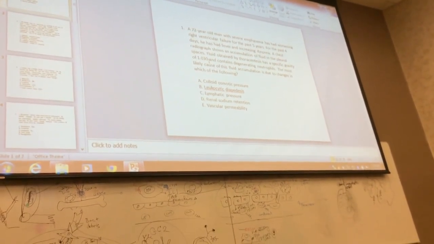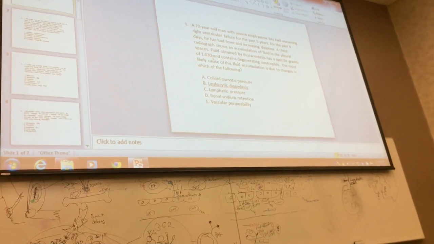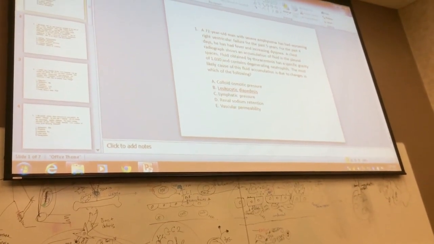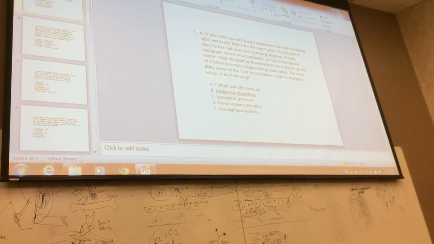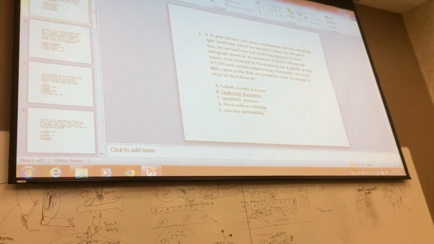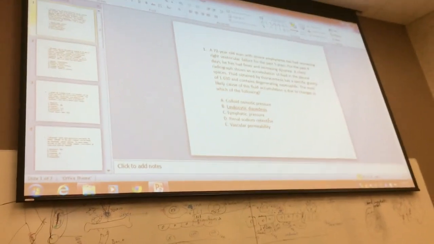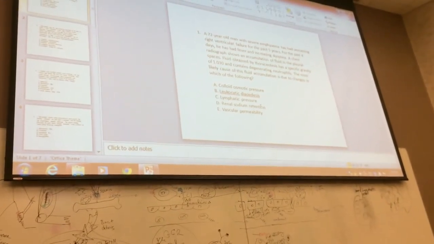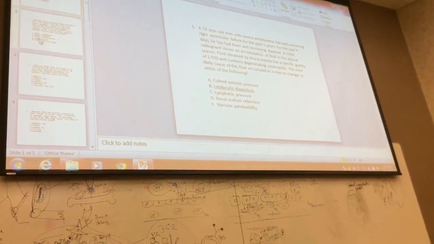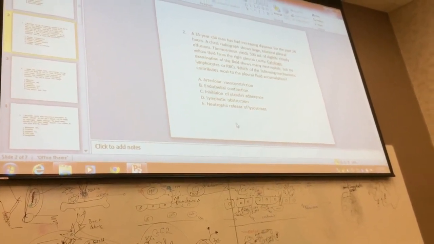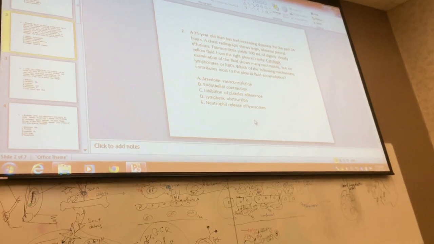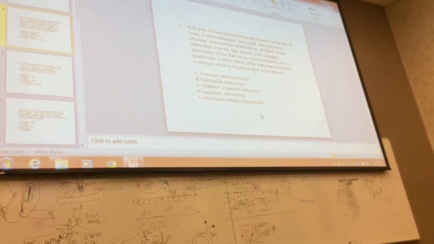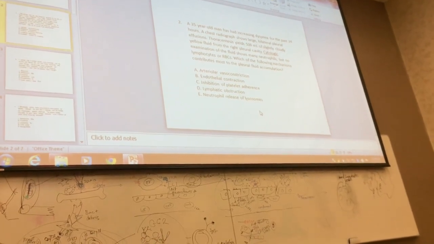And what causes that protein accumulation? Increased vascular permeability. That's why that's the right answer. Any questions about any of the other ones? No? Okay. So remember the differences between transudates and exudates, and the mechanisms that result in an exudate.